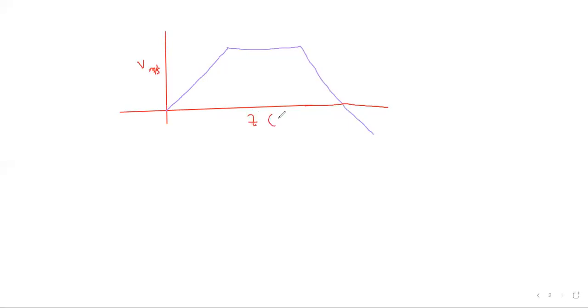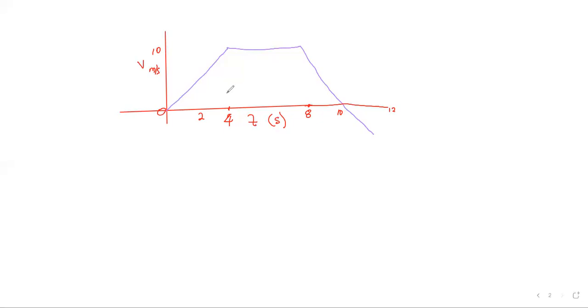We have time here in seconds. And let's say that is about 10. And that will be 0 here. And we can put our time. Say here, time is 4, 2 there, 8 seconds there, 10 seconds there, 12 seconds there.